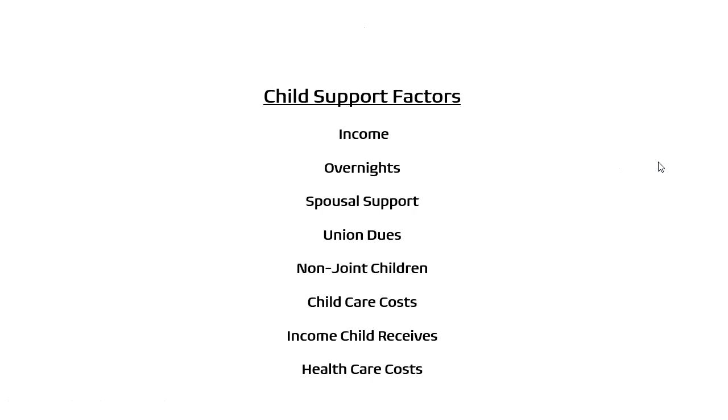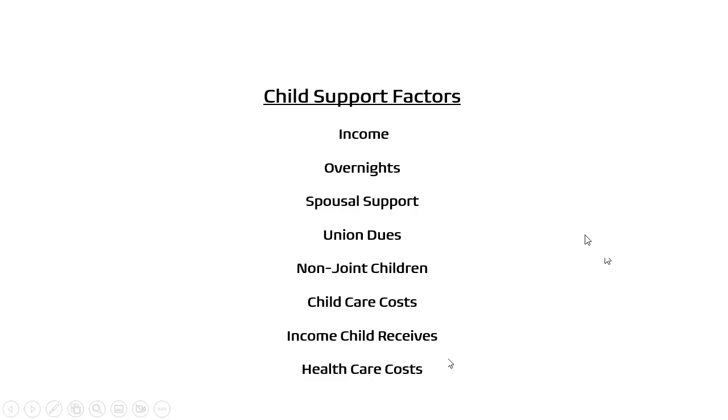So these are all the factors that are going to go into the calculation. The judge is required to make findings on all these. And if you do a good job in your hearing, you can convince the judge to make findings that are in your favor. And that is how you win a child support hearing.